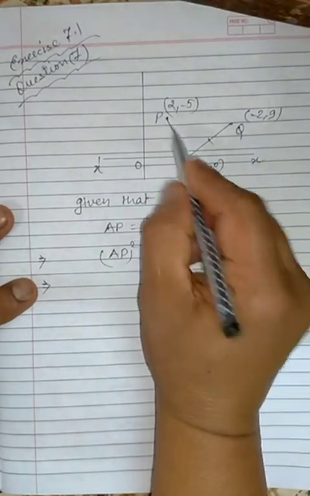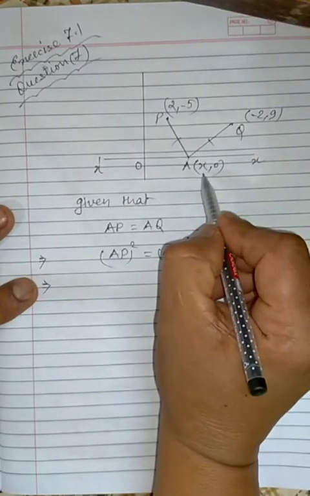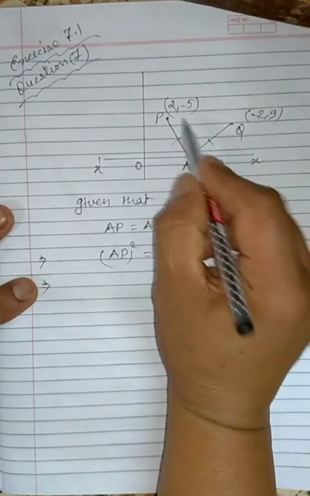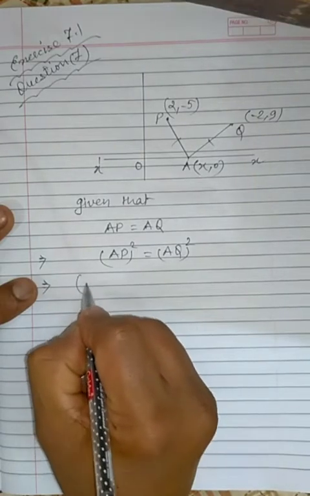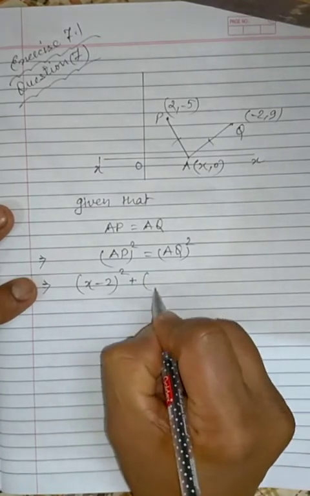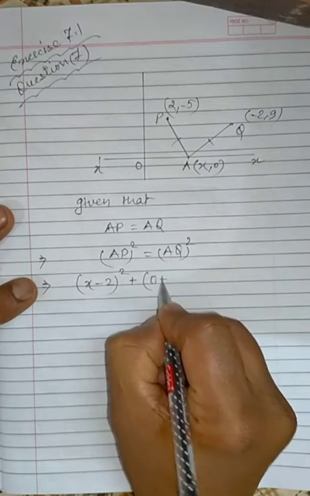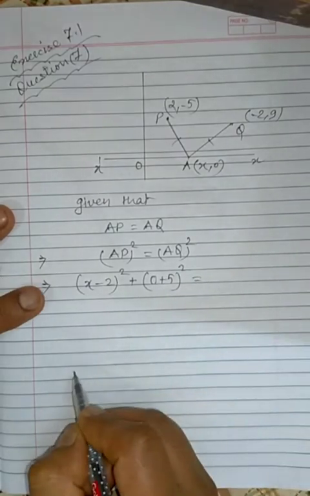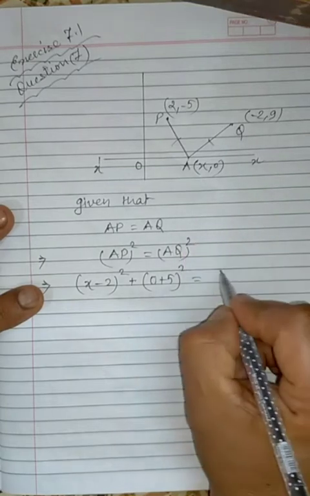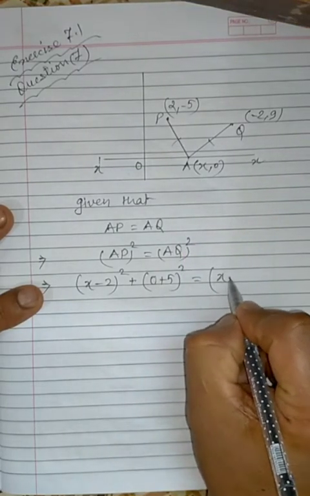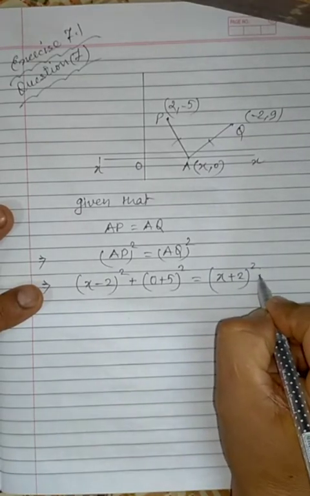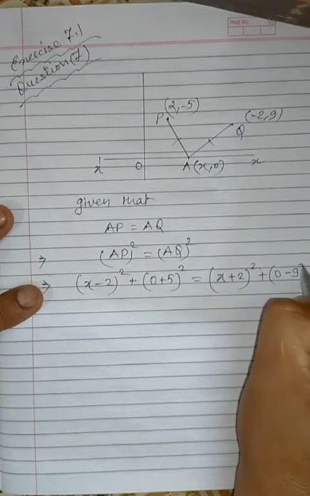Now the distance AP, considering this one as x1 y1 and this one as x2 y2, AP will be equal to x minus 2 whole square plus 0 minus 5, that is plus 5 whole square, is equal to AQ, considering this one as x1 y1 and this one as x2 y2, so x2 minus x1, that is x minus 2 means plus 2 whole square, plus 0 minus 9 whole square.